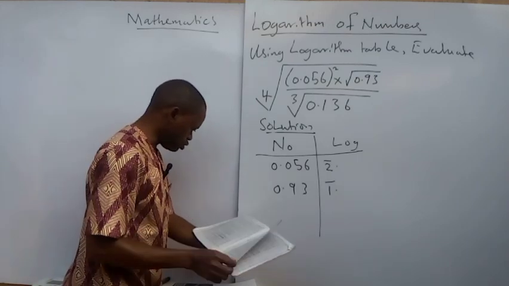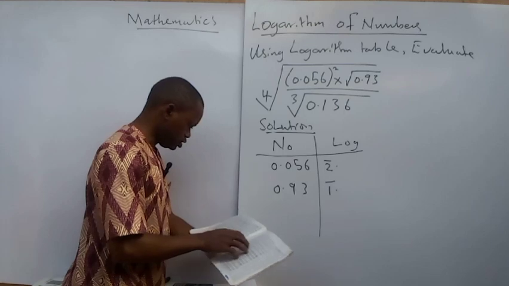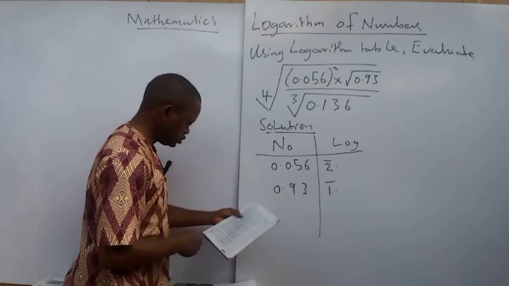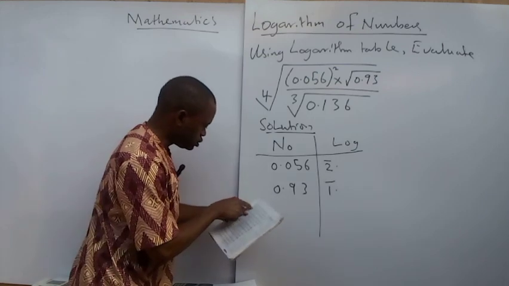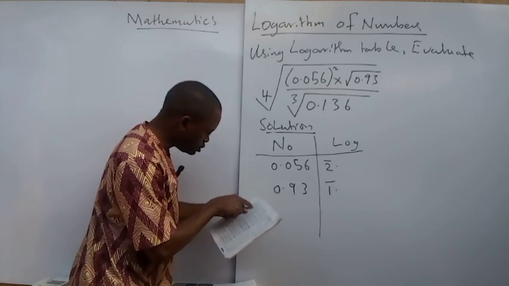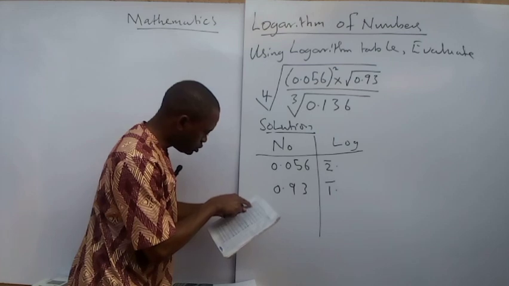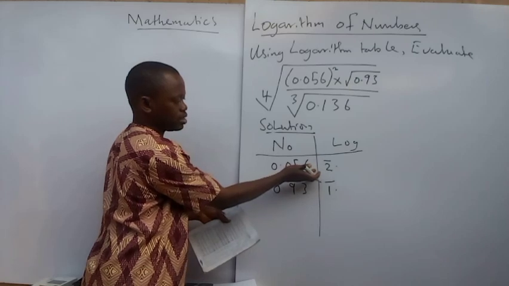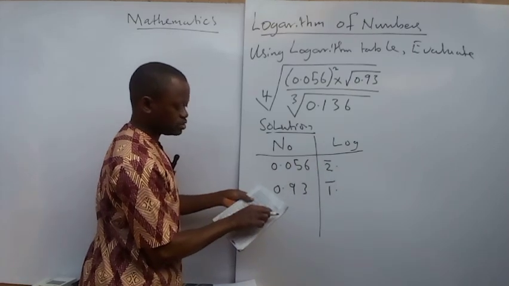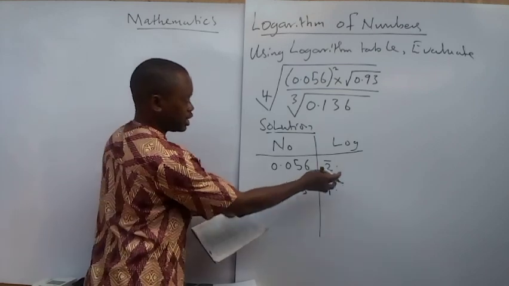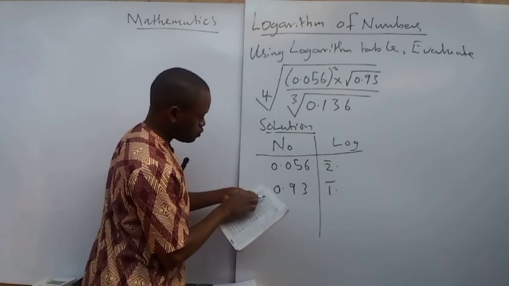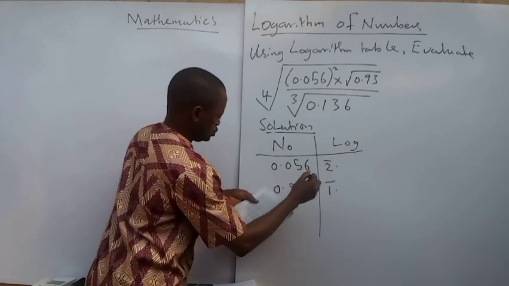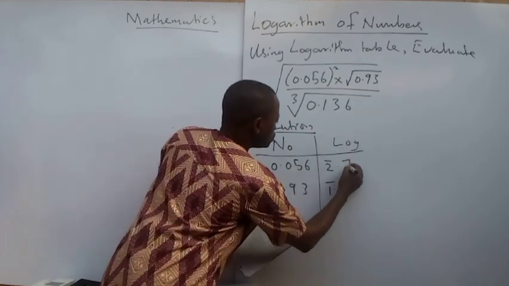Logarithm of numbers. Okay, I've seen 56. 56 under 0 is 7482. There's no difference. If there is another digit here, I will follow that line, go to the difference section, pick whatever value it is and add it to 7482.